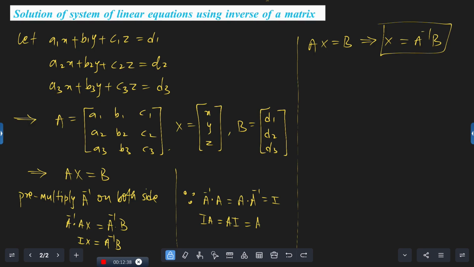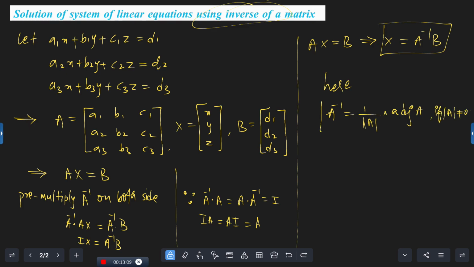Next exercise, Raja. Solution of system of linear equations using inverse matrix. So using inverse matrix they are telling. So A inverse, you know what is A inverse? 1 by determinant A into adjoint A. Here determinant A must be not equal to 0.